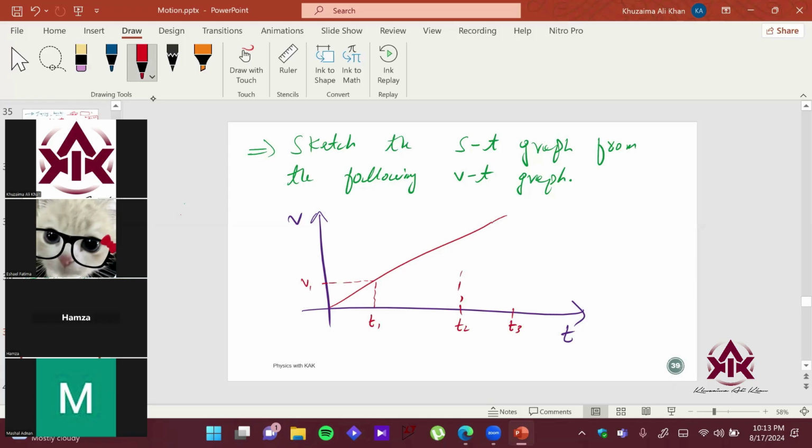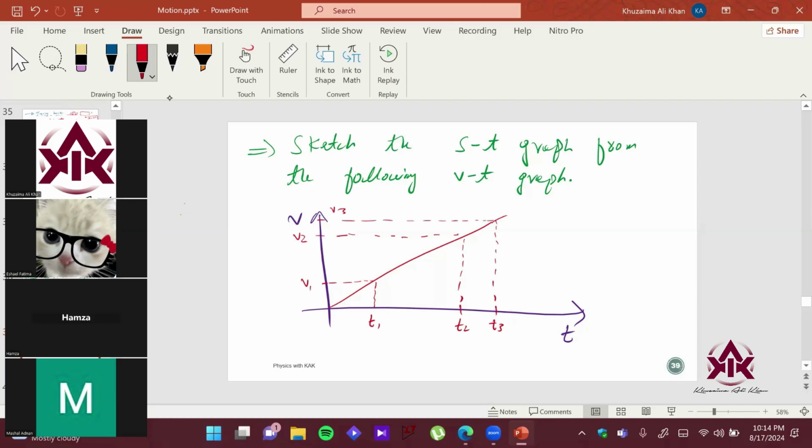And this is going to be T2, and this got a bit far. Let me choose this as T3, and this is your T3, right? And this is the value of V3, right?